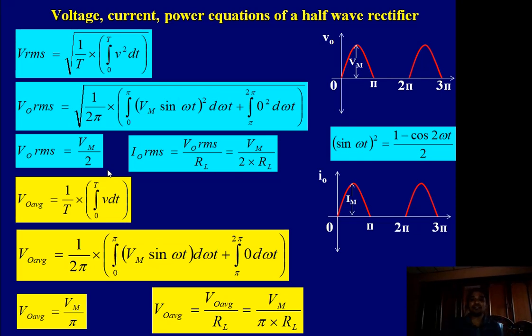Analysis part. Analysis means, what about the output voltage RMS, the output voltage average, and what is the rectification efficiency, that we discuss. What is RMS voltage? Yes, the root mean square value. Root of mean means 1 by T of all squared values, which means you need to apply integration.